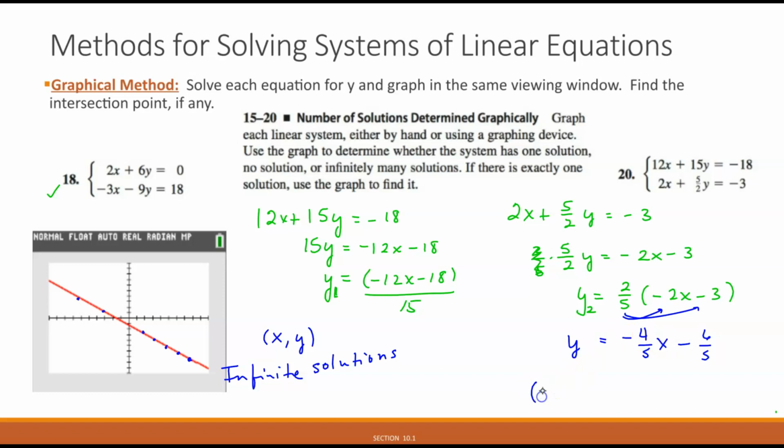So we're going to plug in certain x's to get out y, and y can be found by plugging into this equation. And this is how we list infinite solutions. This is our final answer.